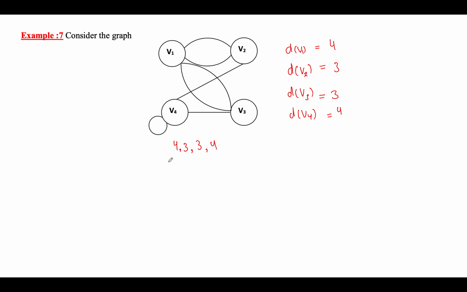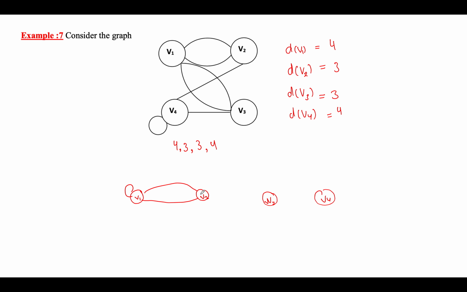Now, if we've got the degree sequence, we can draw another graph with the same degree sequence. For example, we have V1, V2, V3, V4. V1 has 4, so we can have it as 1, 2, 3, 4.